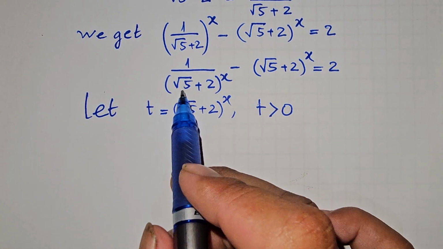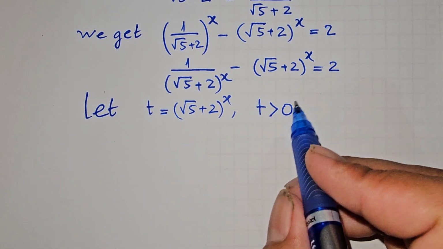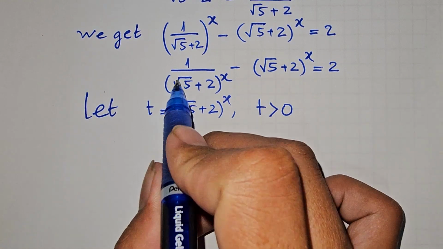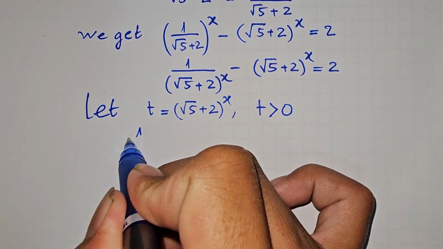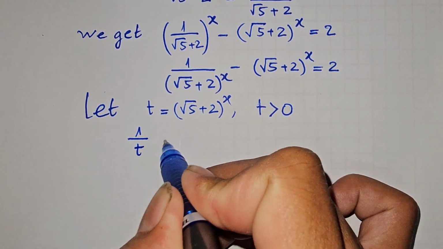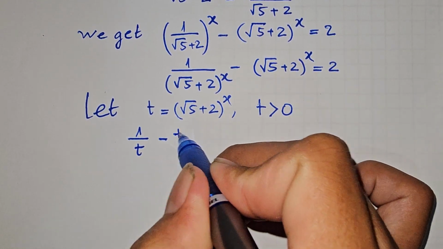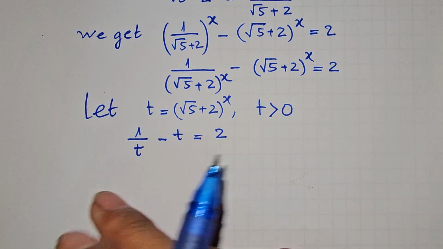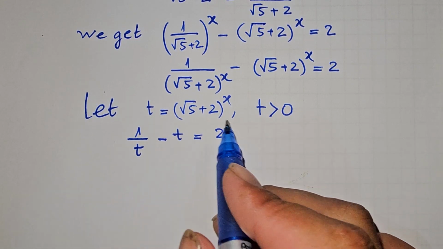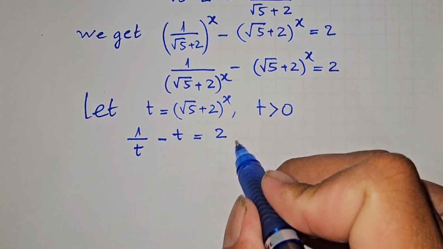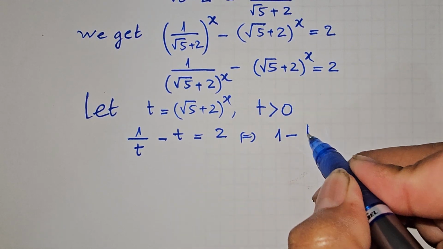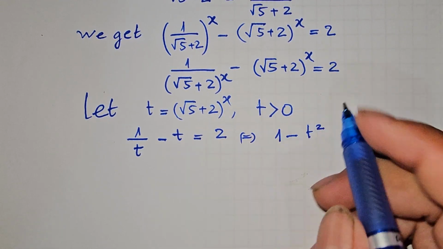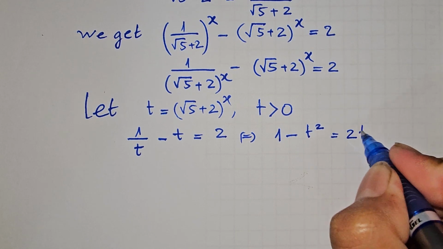Now we get our equation with the new variable: 1 divided by t minus t equals 2. Now I multiply both sides of this equation by t, so we get 1 minus t squared equals 2t.